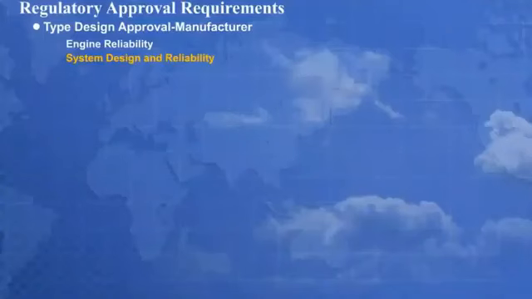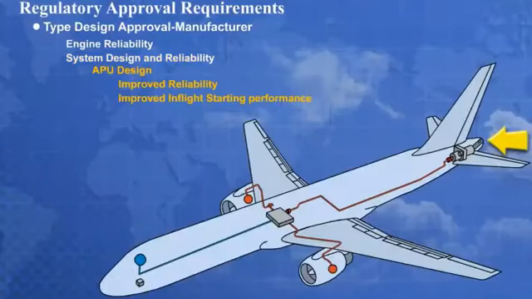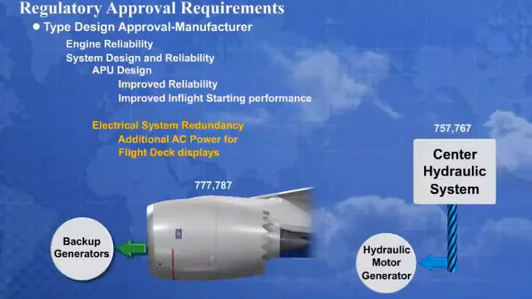The airplane may require additional equipment to meet the system design and reliability standards for ETOPS. The APU is normally designed or upgraded to improve reliability and in-flight starting performance. On some models, electrical system redundancy is enhanced with the addition of a hydraulic motor generator or backup engine-driven generators to increase dispatch flexibility for ETOPS.